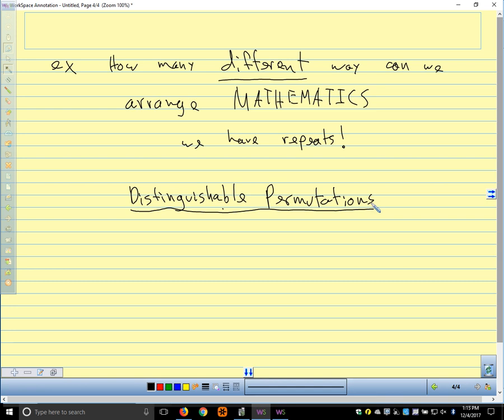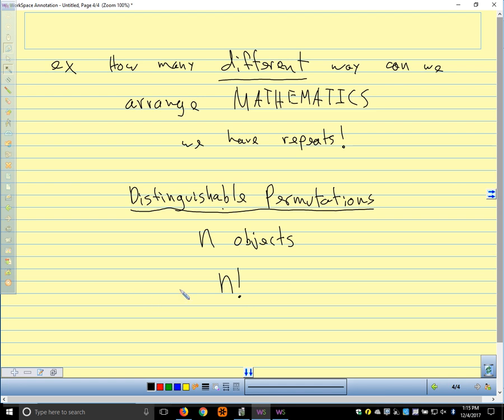So in general, we have N objects. Our distinguishable permutations are N factorial, just like the example we did with the alphabet, where we have 26 factorial. But we have to get rid of those permutations where the 2 M's are interchanged.